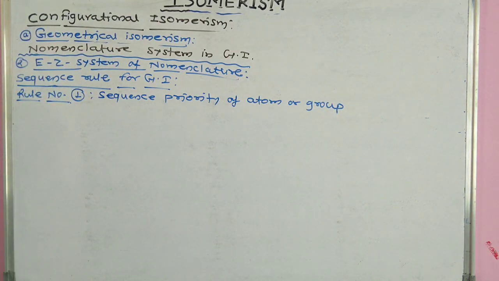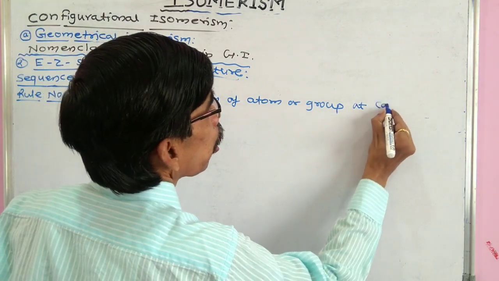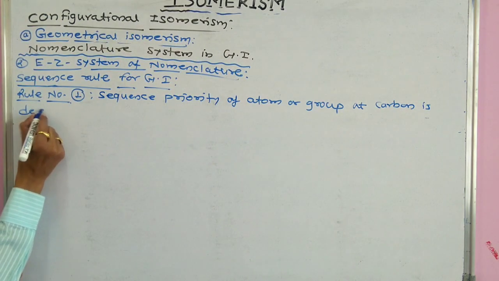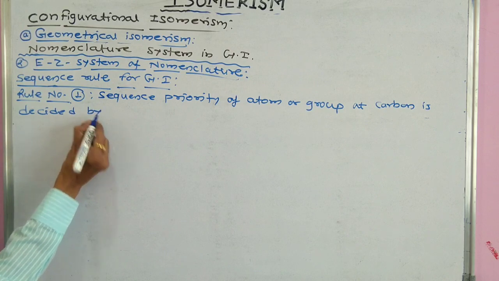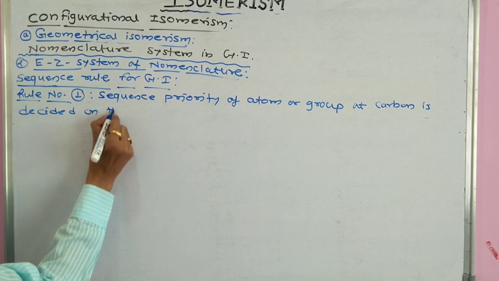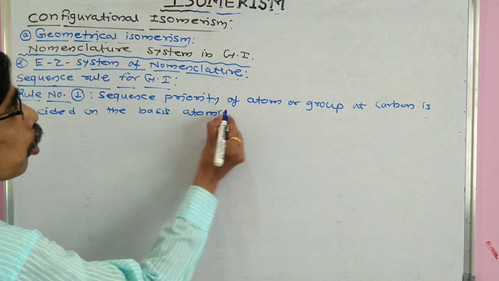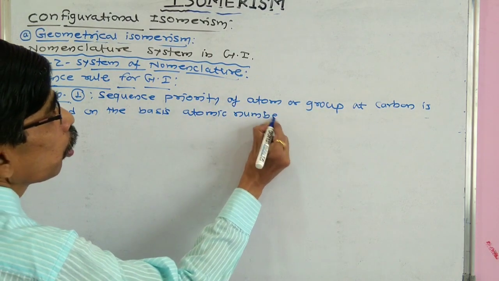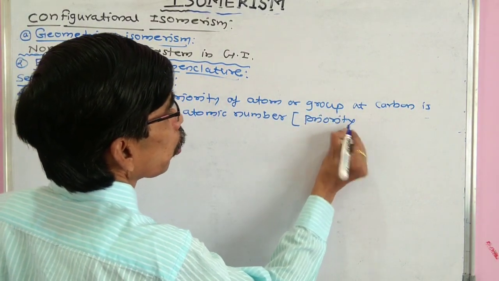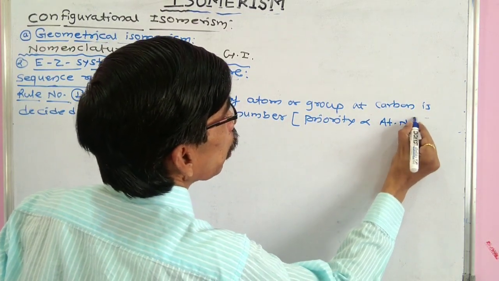Sequence priority of atom or group at carbon is decided on the basis of atomic number. That is, priority is directly proportional to the atomic number.